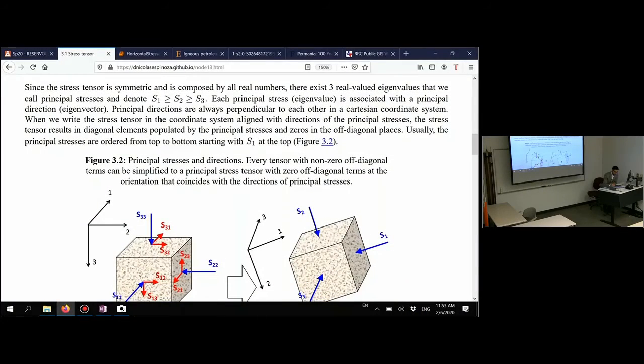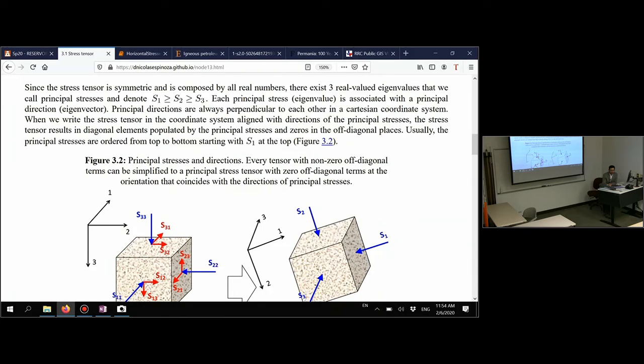The values of the principal stresses are calculated with an operation that we call eigenvalue of a matrix. And the direction is calculated with another function which is called eigenvector.